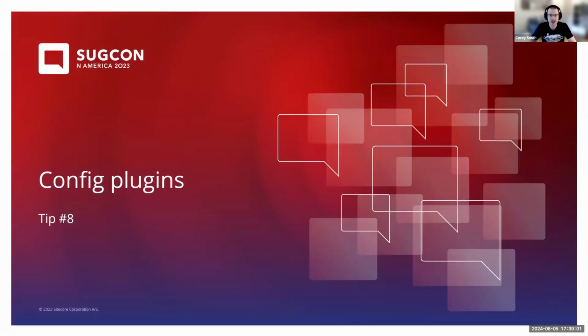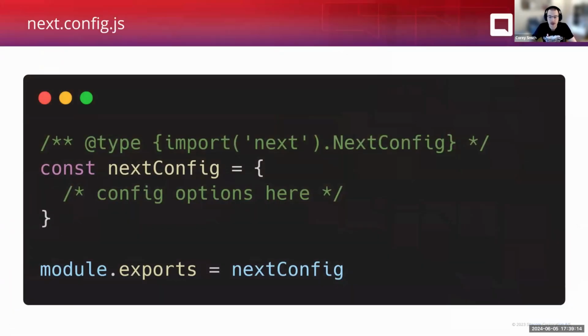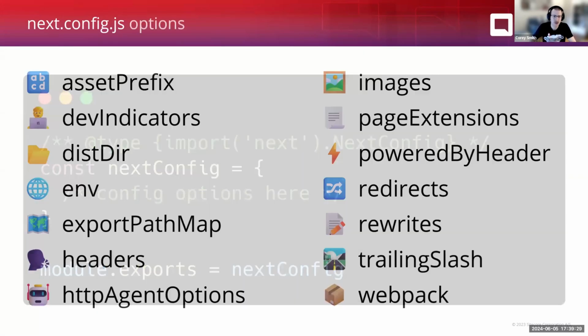Okay, our next tip is looking at a way to make your Next.js SDK upgrades a bit easier. And that's using a feature from JSS called config plugins. So in the root of your Next.js application, there's a next.config.js where you can configure all of Next's settings. A new Sitecore JSS application has a whole bunch of stuff configured there already. And it's a pretty big list of things.